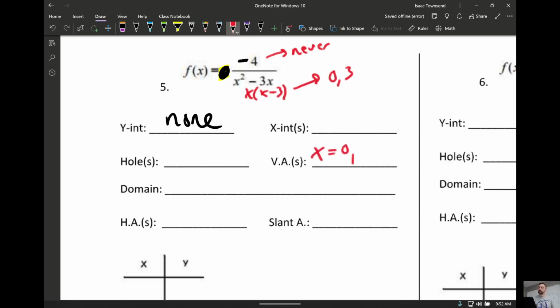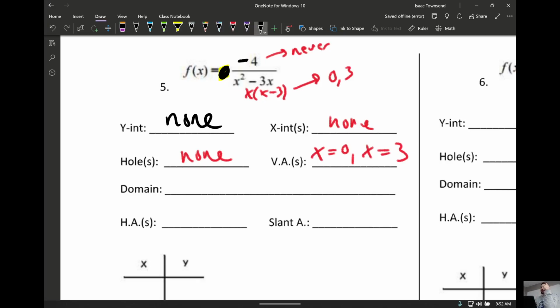There's two numbers that make just the denominator 0, which is why there were 2 vertical asymptotes. There's no numbers that make just the numerator 0, so there's no x-intercepts. And there's no number that makes the numerator and denominator 0, so there's no holes. Now that's kind of unfortunate because some of these points really help us out with the graph, but it is what it is.